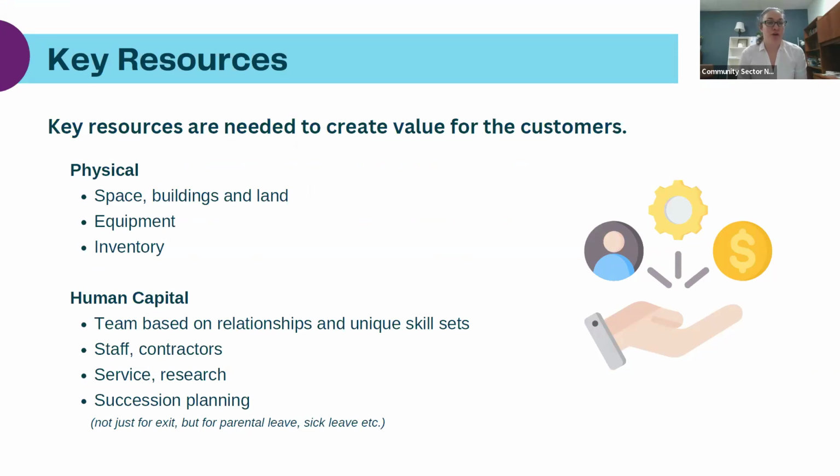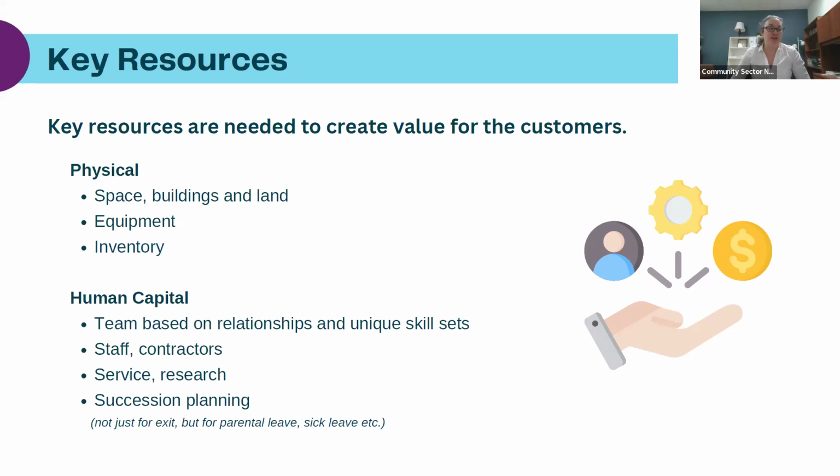So another part of our social business canvas is our key resources. And these can be divided into 4 different groupings. So these are both all physical resources. So that's your space, buildings, equipment, etc. Your human capital, which is your team and all of their unique skill sets that they bring to the organization.